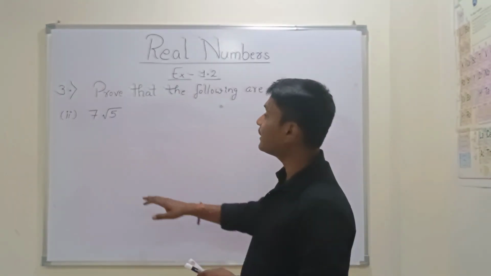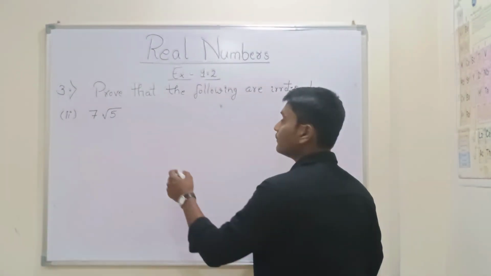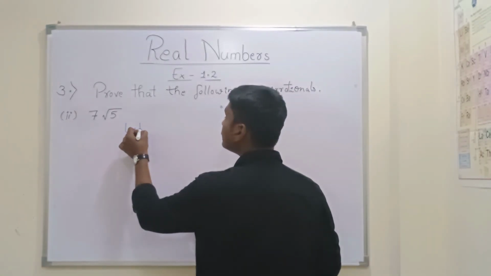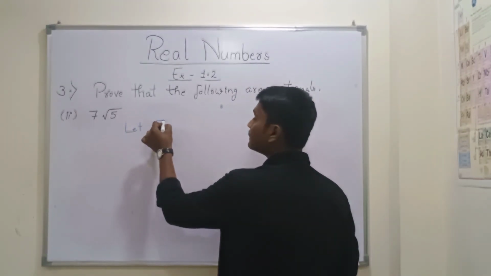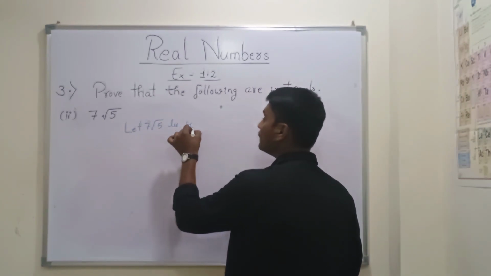Okay, so the next part is 7 root 5. We have to prove that 7 root 5 is an irrational number. So starting with assumption, let 7 root 5 be rational.